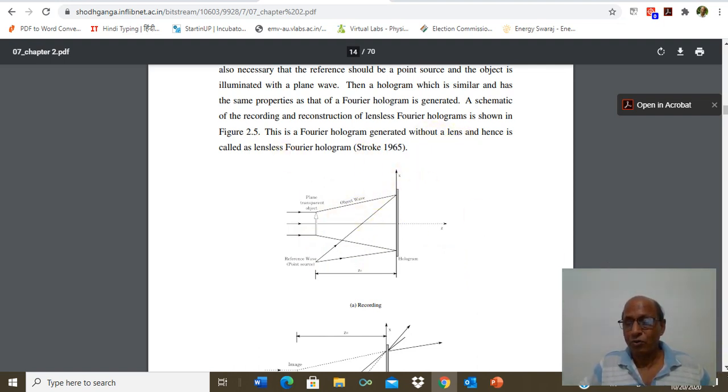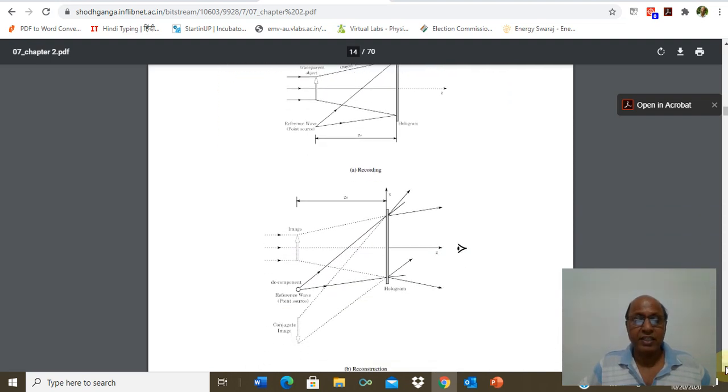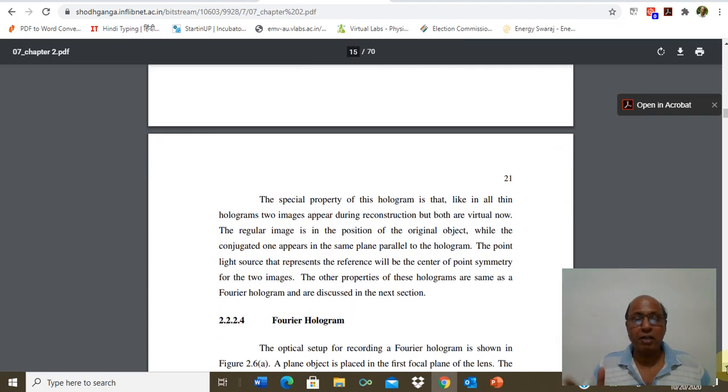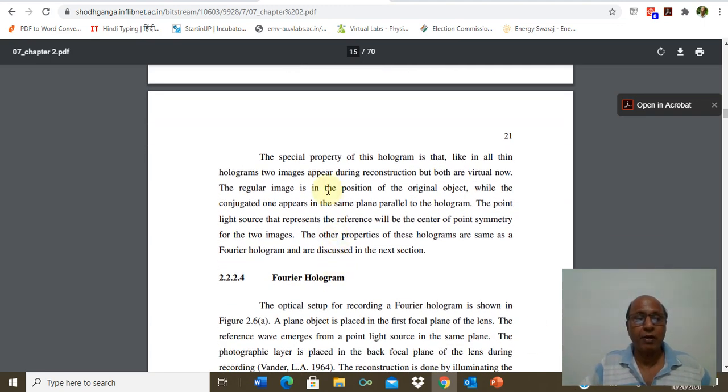The reconstruction is also given here. What are the important properties of such a hologram? The special property of this Fourier hologram is that, like in all thin holograms, two images appear during reconstruction, but both are virtual. So this regular image is in the position of the original object in a thin hologram, right?